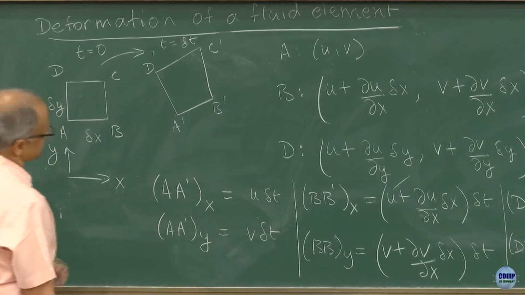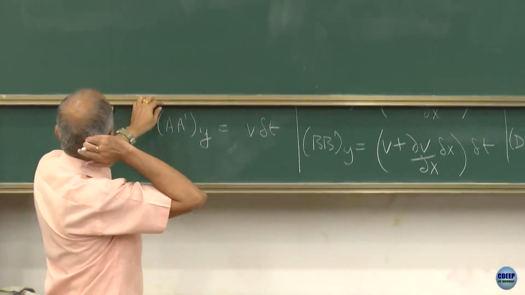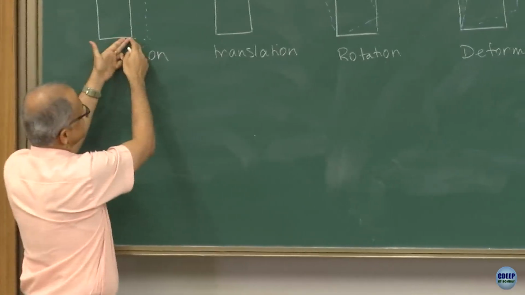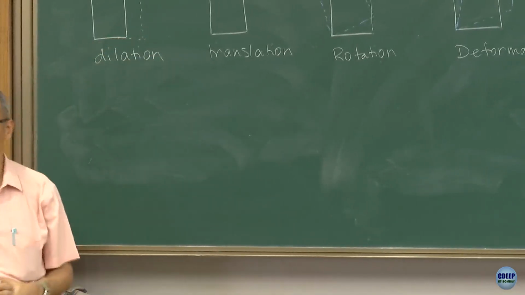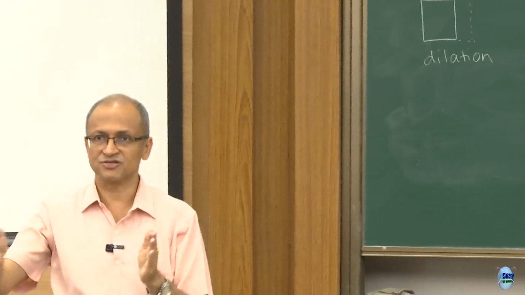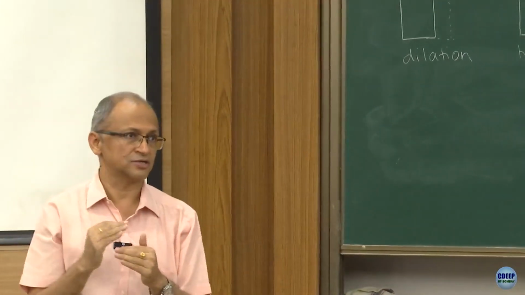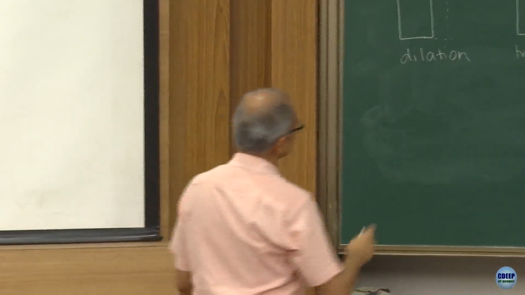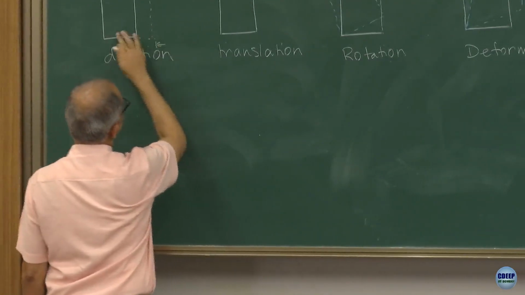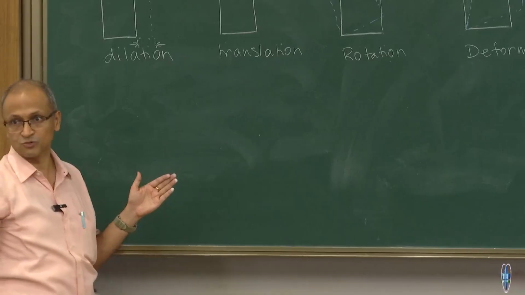Now what about the dilation? What does dilation mean? Dilation means that point B has moved by an extra distance along the x direction, and D has moved an extra distance along the y direction. So how much is this? It is because of the difference in velocity between the two points.